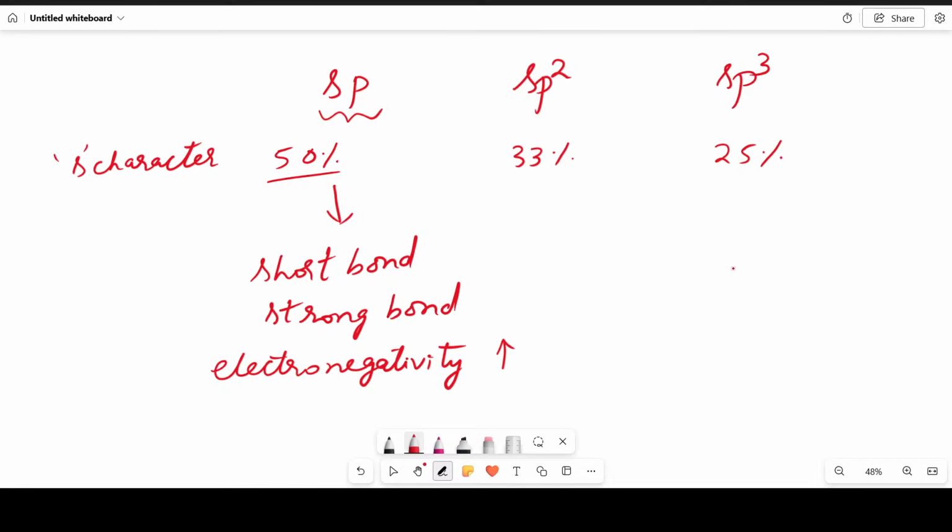And the electronegativity in case of sp3 hybridization is less. Alright. So, in sp3 hybridization, the carbon forms a very long bond, less strength compared to the sp hybridized carbon, and its electronegativity is also less.